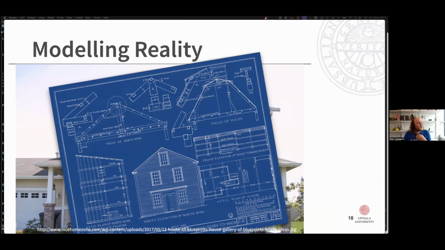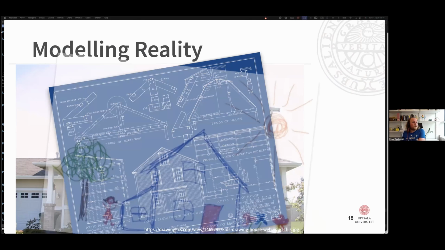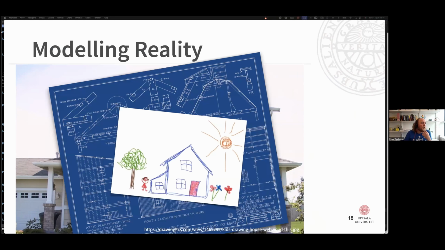So instead, what we tend to do is build models of reality where we can abstract away some of the details that we aren't interested in, and make some simplifying assumptions. For example, saying that the sun is always shining and that there are always flowers and trees outside of our house.